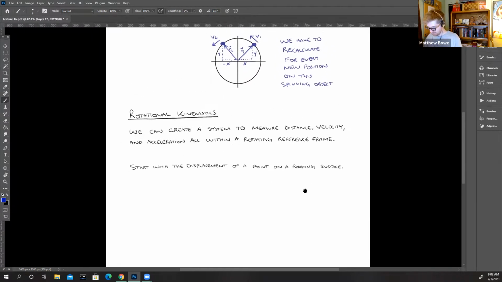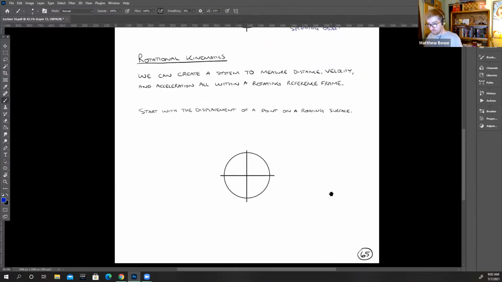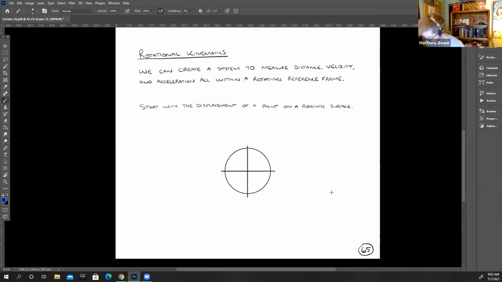We zoom out a bit. Okay. So we have the angular displacement.